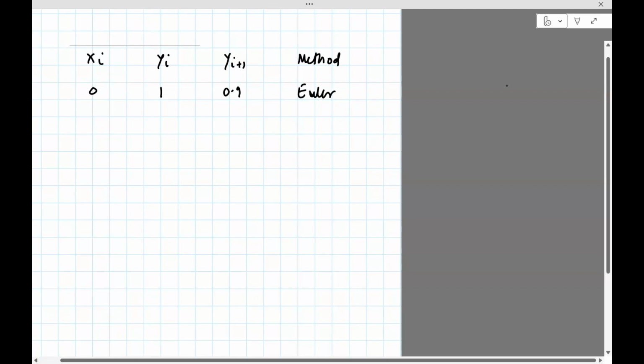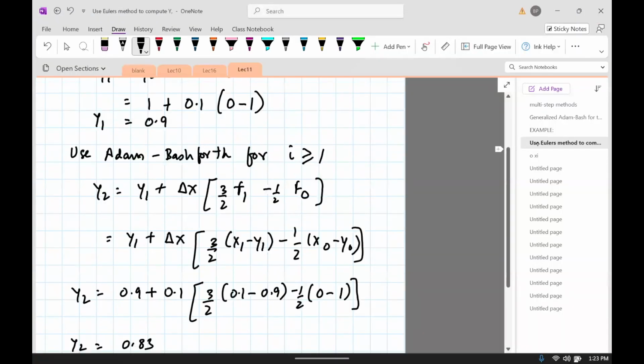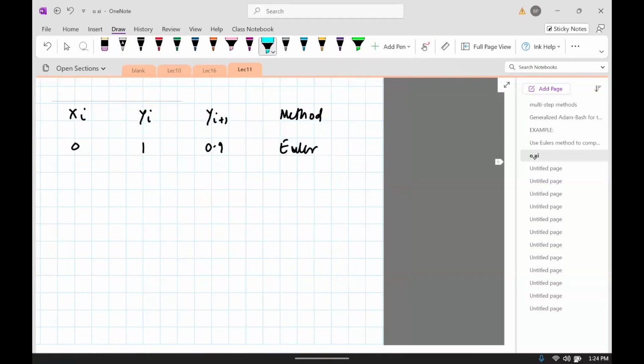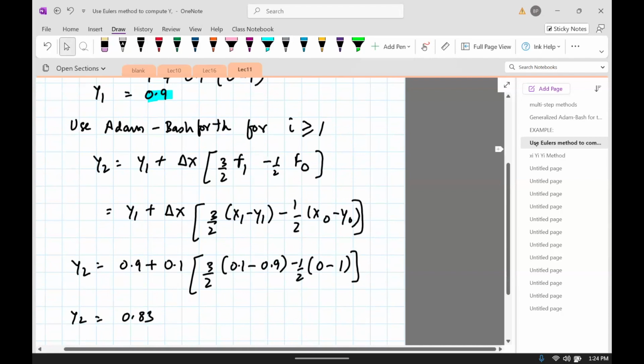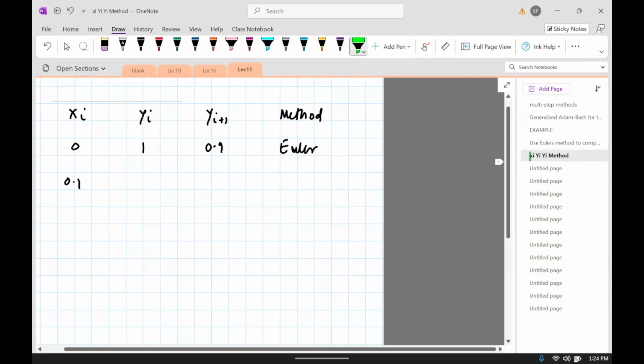Okay, so we use Euler, and this is the solution we got here. This is exactly this part, 0.9. That's one, and I used Euler's for that, so I wrote that down. Next, for 0.1, we obtained this value, 0.83. So that goes next.